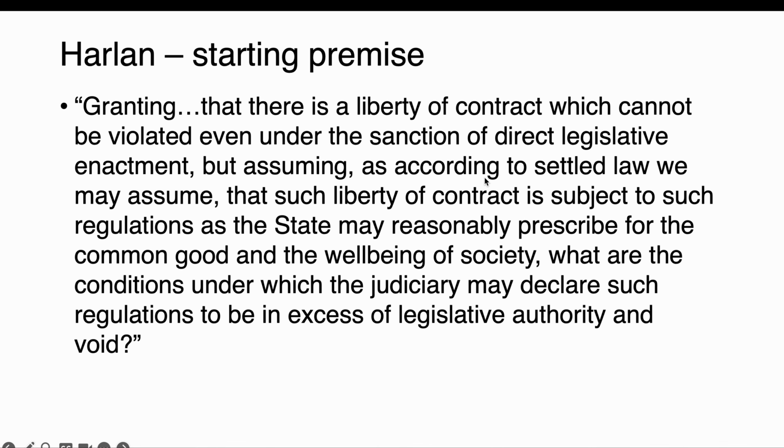But assuming, as according to settled law we may assume, that such liberty of contract is subject to regulations as the state may reasonably prescribe for the common good and well-being of society. He said, it's a right, but not all rights are absolute, especially rights that endanger the well-being of society. Regulations of an individual right in that situation are about protecting society, not oppressing individuals.